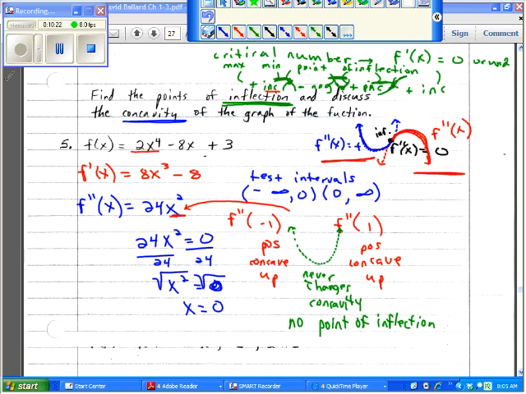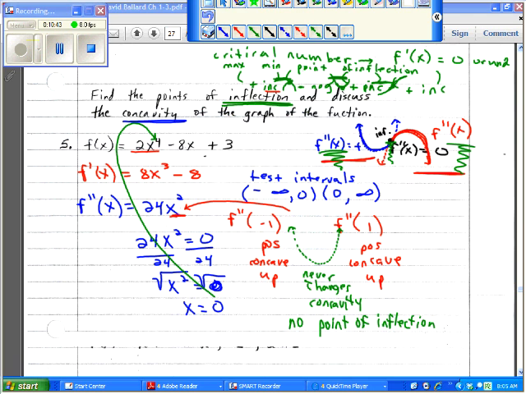So where the second derivative is positive, it's concave up. Where the second derivative is negative, it's concave down. Where the second derivative is 0, there is a possible point of inflection. We can see what that point is.